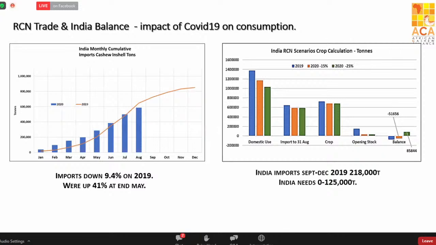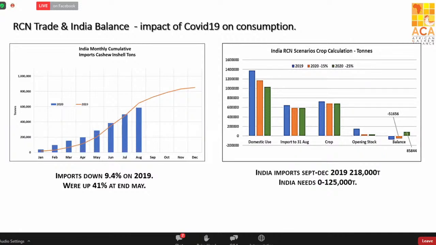I think that what's left is maximum 125,000 tons. We'll know, I think, as the festival season transpires and we get some more reports back. It's been a hard year for Indian processors. Prices of RCN, although they've moderated a little bit in the last couple of weeks, are still relatively steady. And Indian buyers still need to buy something.